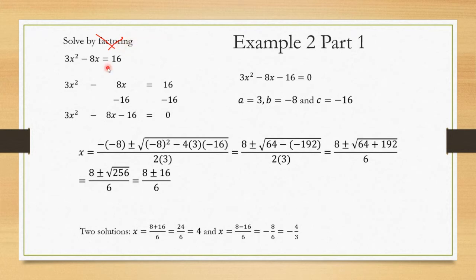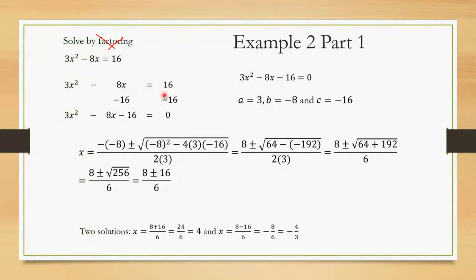Again, notice that this quadratic equation is not in the standard form, right? But we can easily fix that. We can subtract 16 from both sides. Remember, you want to get the right-hand side equal to 0, and that's what I'm doing here.